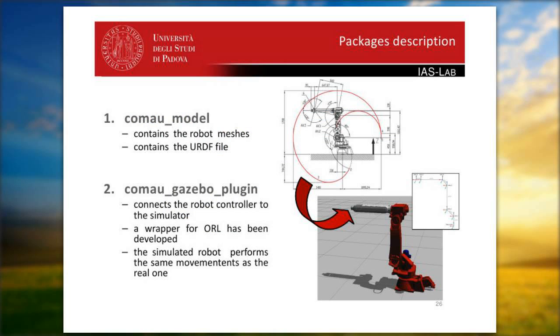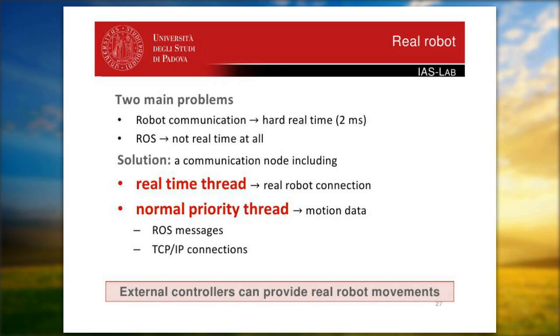The other one instead creates the plugin of the robot, and so we connect the robot controller to the simulator. And to ensure the same trajectory interpolation of the real robot, we developed a wrapper for ORL, and in this way the simulated robot performs the same movement as the real one.